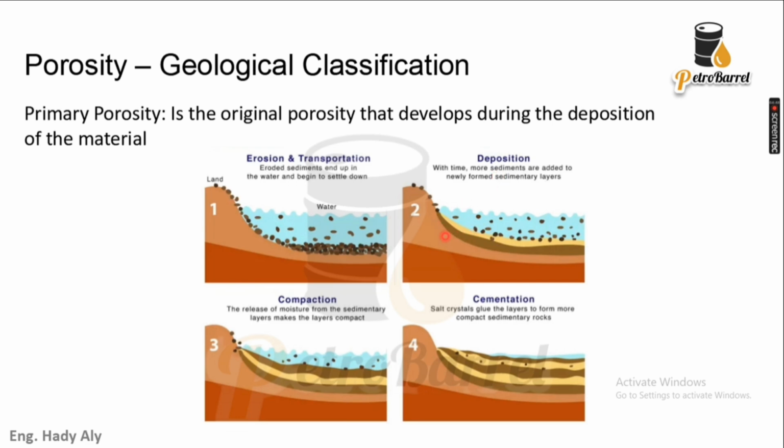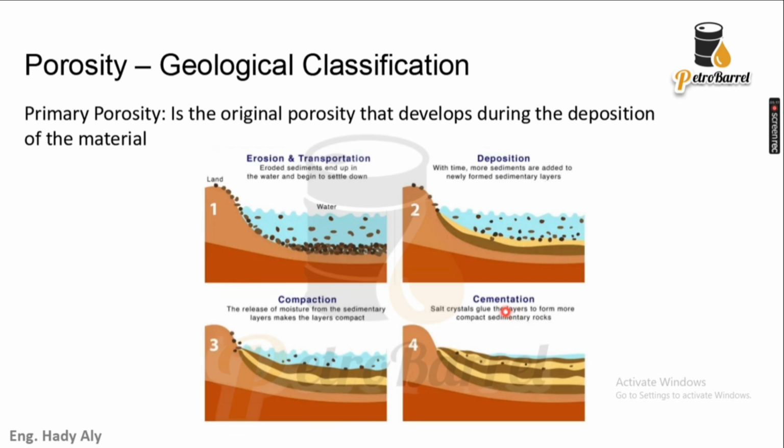Based on this stage, we move to the second stage, which is the deposition of the sediments, at which I have formation number one, then the deposition of another formation, then another formation, and so on, till reaching stage number three, which is the compaction, at which, due to overburden stress or the high weight of the formation, we have the compaction stage of the formation of sedimentary rocks.